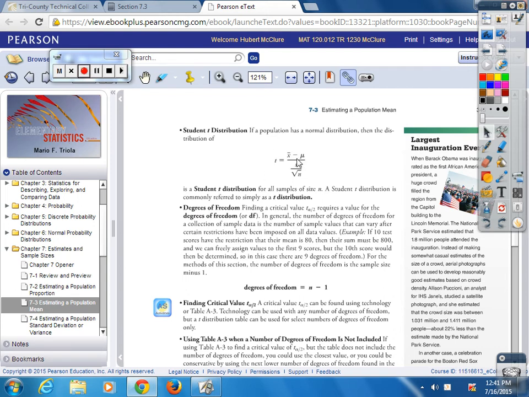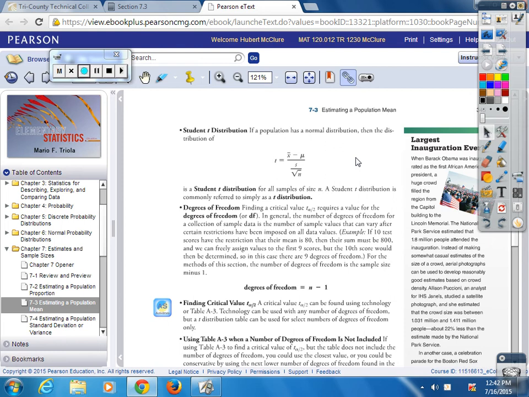Anyway, write that formula down. t is equal to x bar minus mu over s, which is the standard deviation of the sample, over the square root of n.